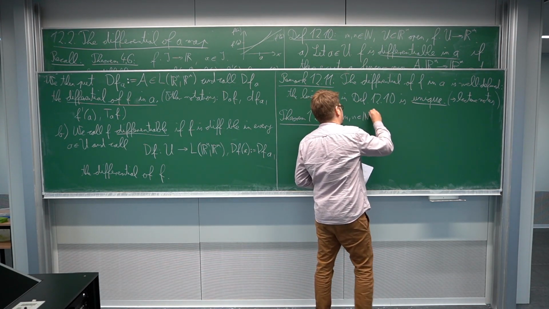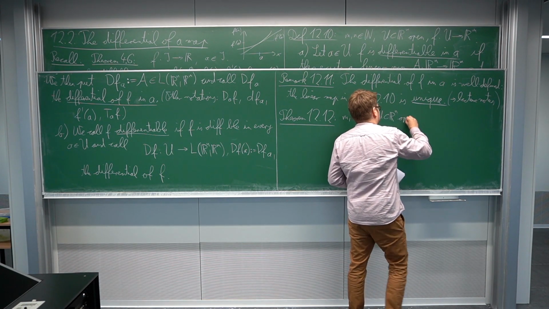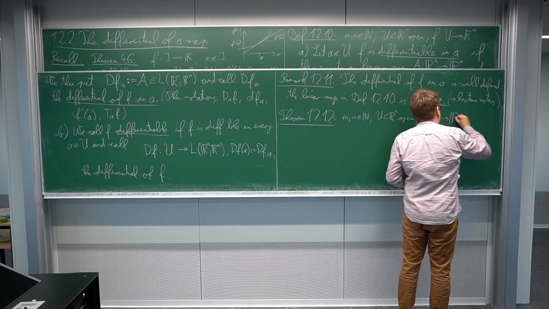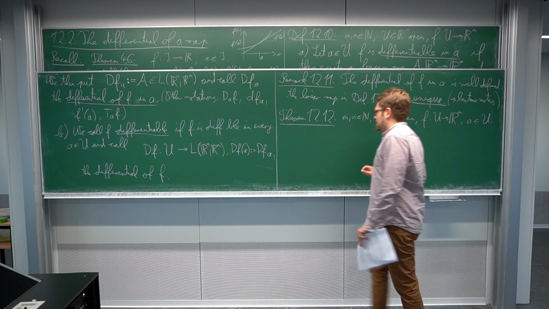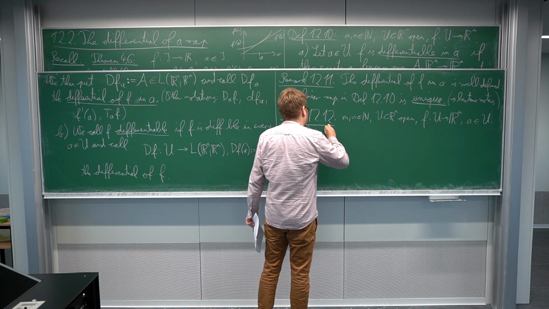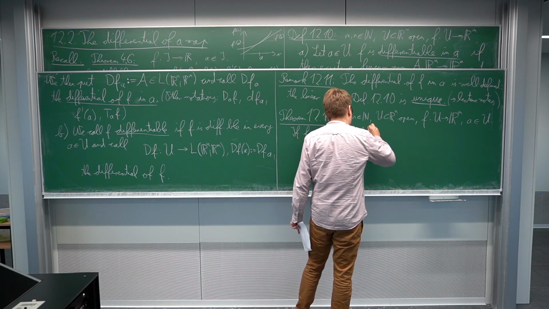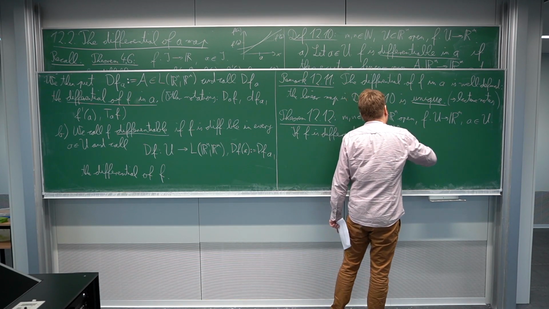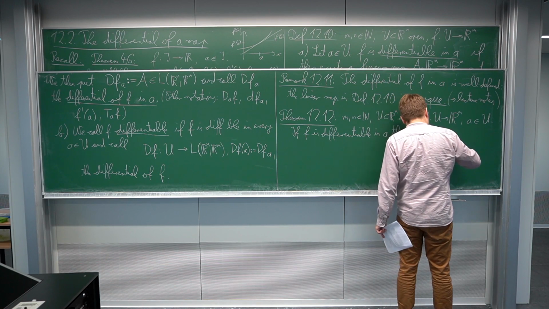So if we have m and n, U in Rn open, f from U to Rm, and a in U, then if f is differentiable in a, then f is continuous in a.